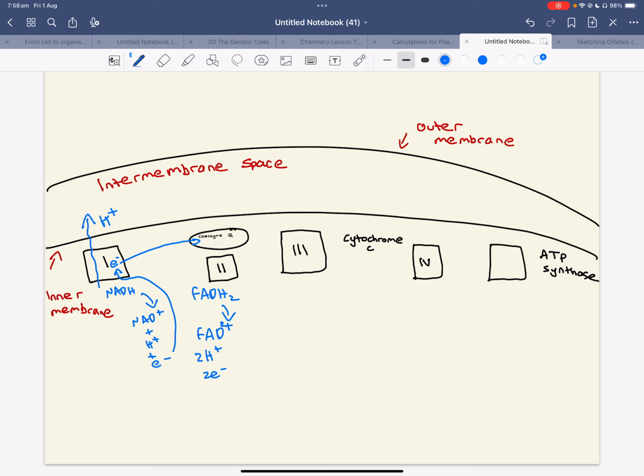These electrons from complex 2 are sent off to coenzyme Q. So coenzyme Q currently has all the electrons. And what coenzyme Q does, it brings them to complex 3. Okay?